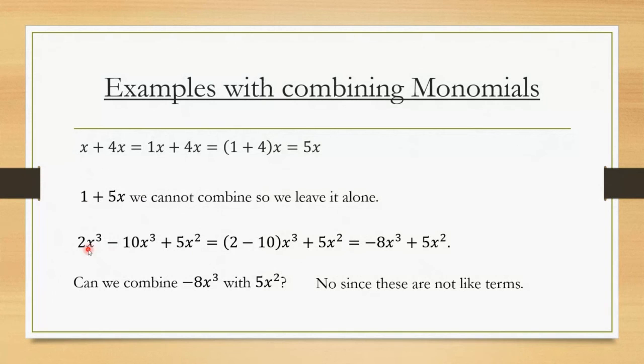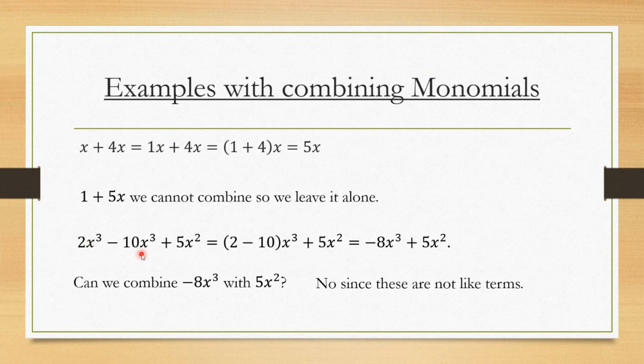What about here? Well, here we have this monomial, 2x cubed, we have 10x cubed, and we have 5x squared. Well, are there like terms here at all? Well, yeah. 2x cubed and 10x cubed, those are like terms. They're both monomials of degree 3 in the same variable.